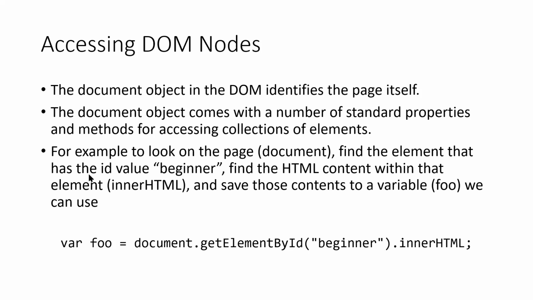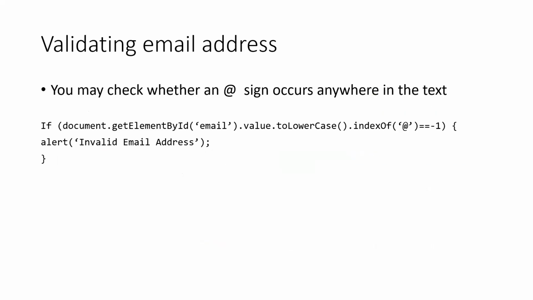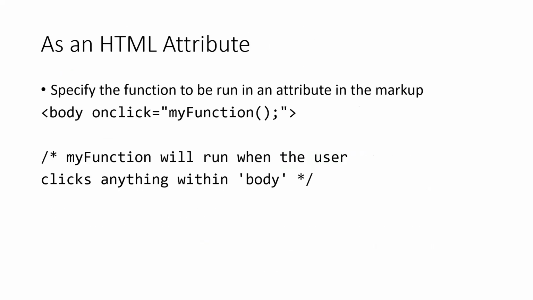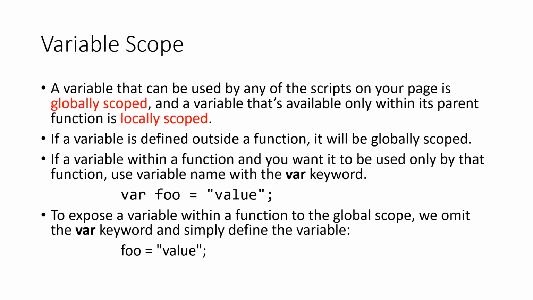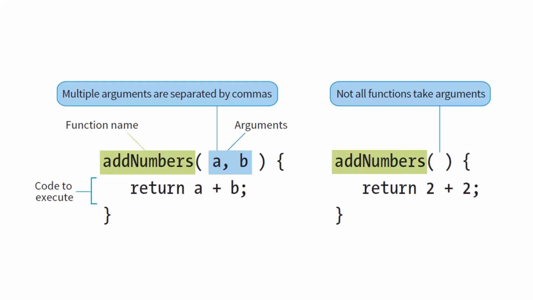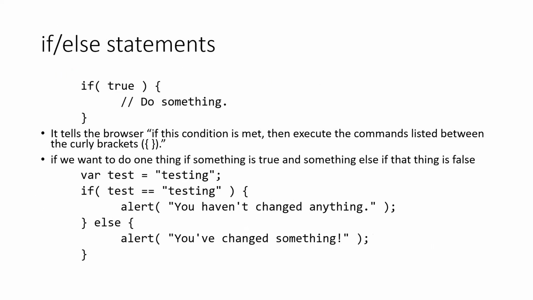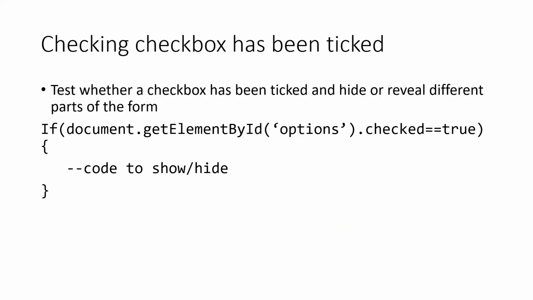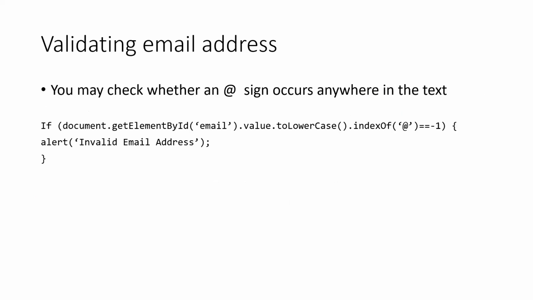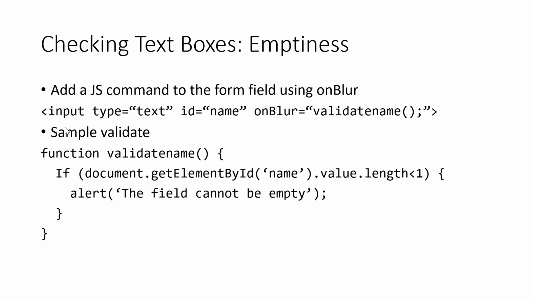with ID value beginner. So here we will look at the particular element. If you go back to the elements that we have discussed, right here, we have an ID.